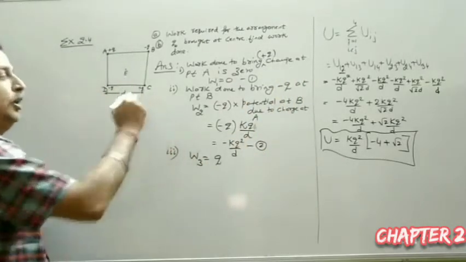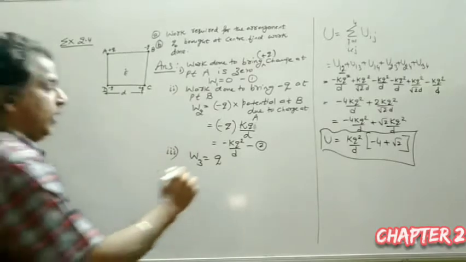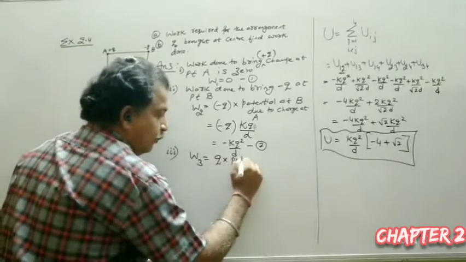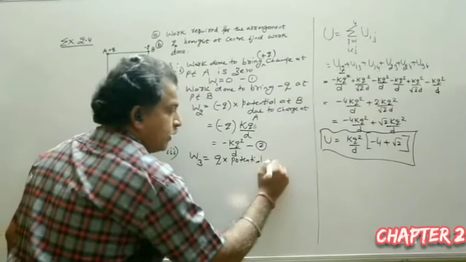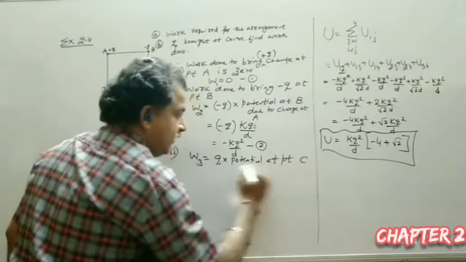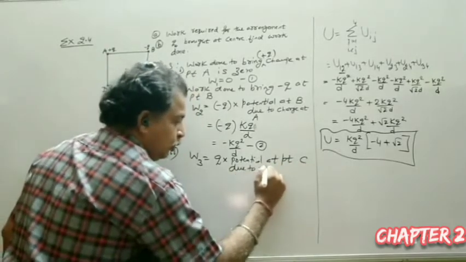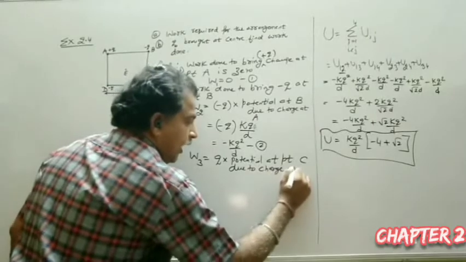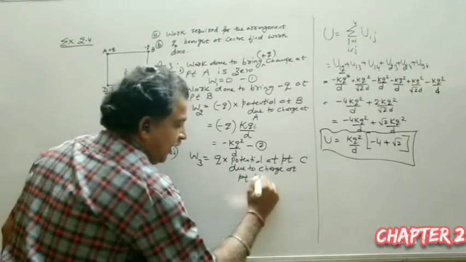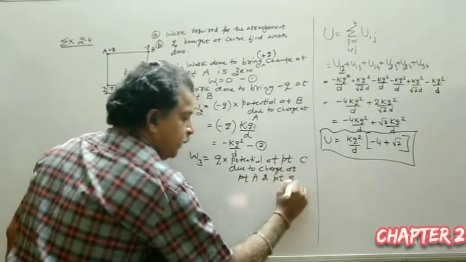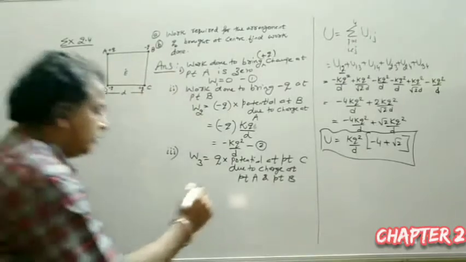I have to bring plus q charge into potential at point C due to charge at point A and point B. So these are the theoretical steps.